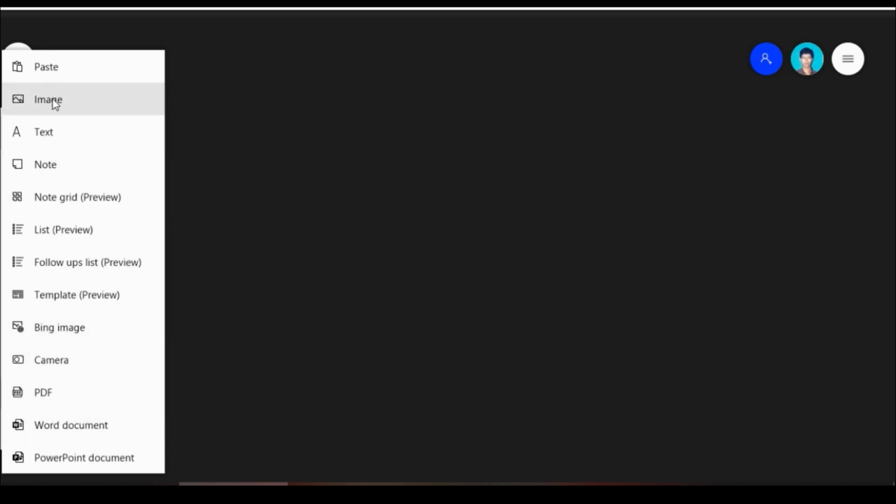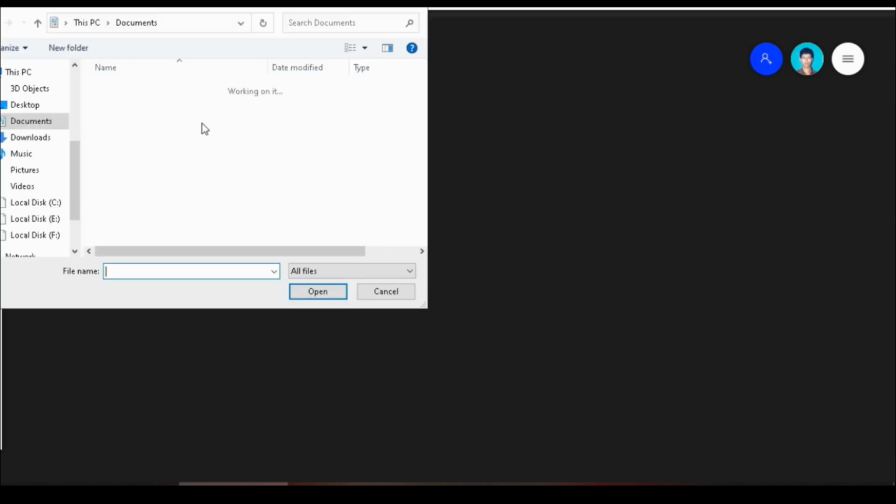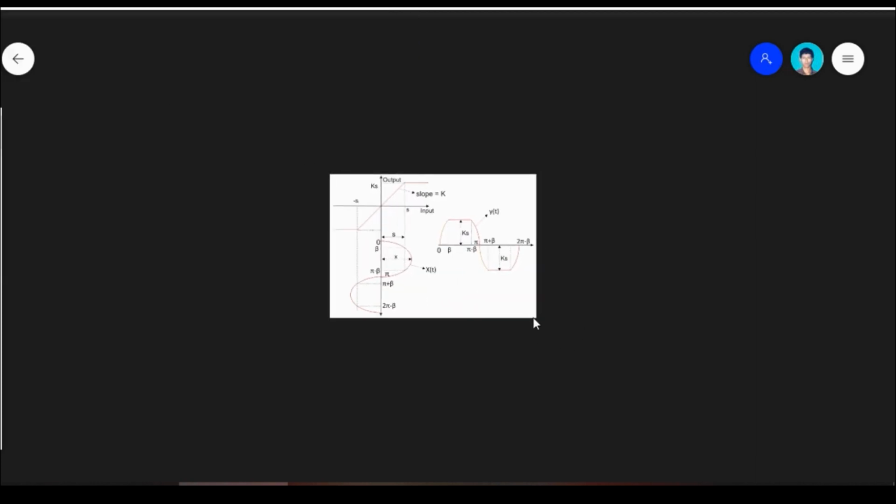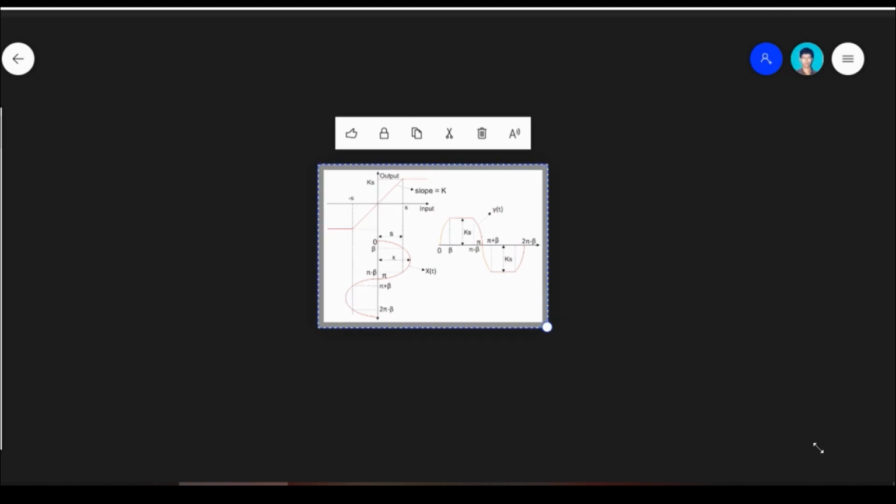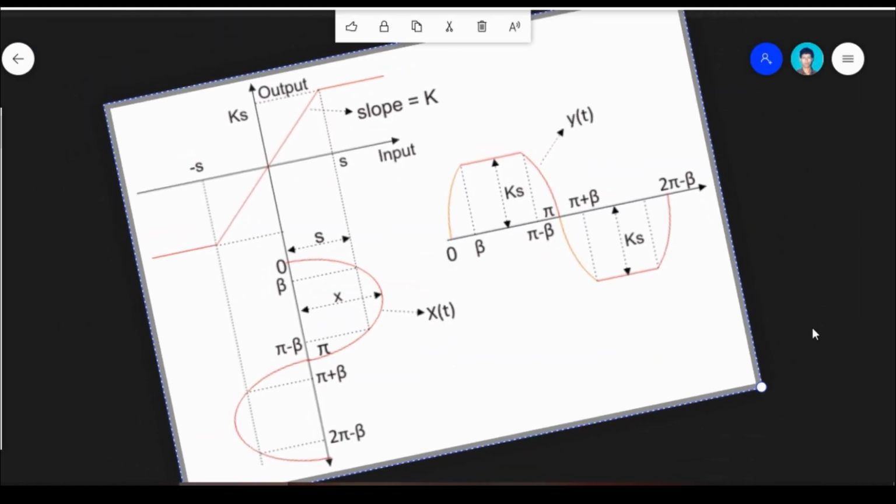Let me see whether I can locate it. Yes. So here, this is an example of a system having saturation. So it is a system with saturation.